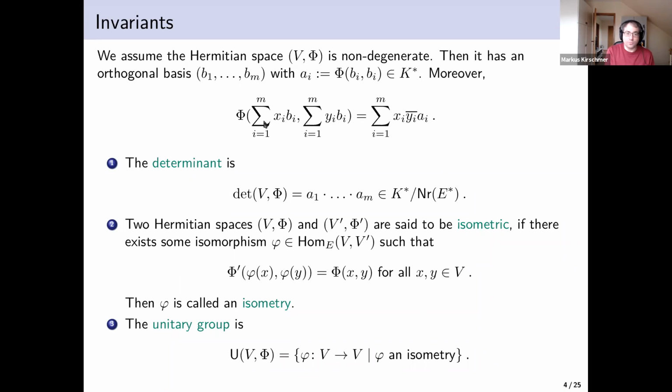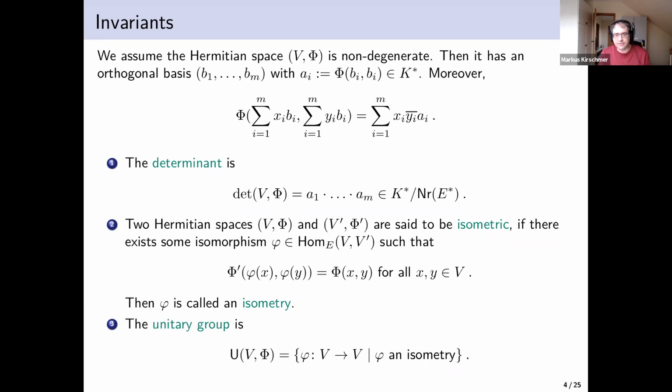And then the inner product of two such linear combinations is just the sum of the coefficients x_i times y_i bar times the length of the i-th vector. So you might actually think about a form like that, because, up to isometry, so up to a choice of a basis, all the forms look like that.